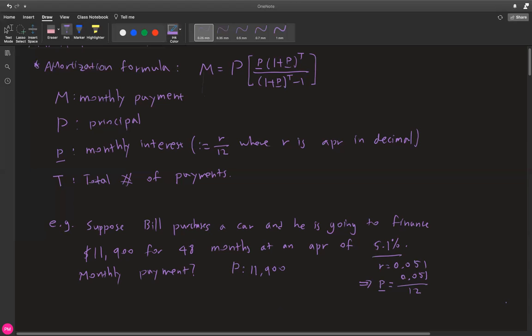I'm not going to express this in decimal because that's going to give us a repeating decimal, so let's leave it as this. And we also know that the total number of payments is 48.